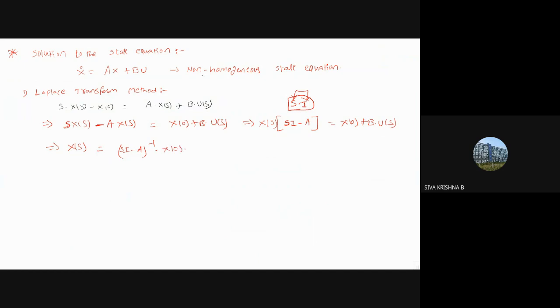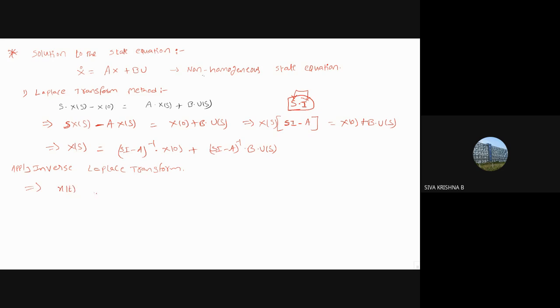(sI minus A) whole inverse into x of 0 plus (sI minus A) whole inverse into B into U of s. So from this, if you apply inverse Laplace again to this equation, x of t is the solution.